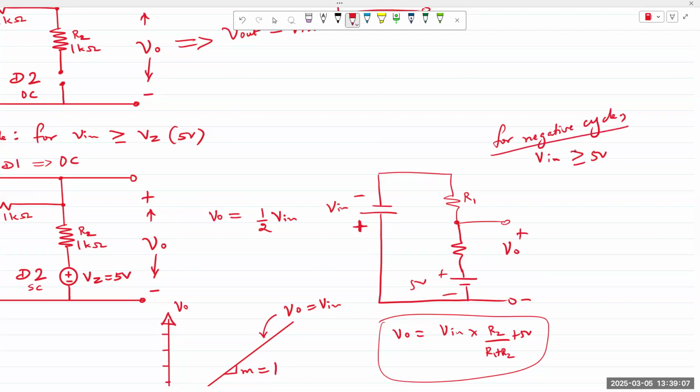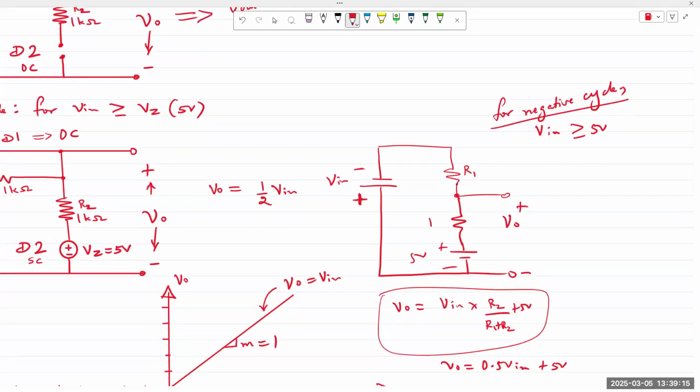Okay. Negative cycle, V in is greater than or equal to 5 volts, or in this case, reverse bias, so minus 5 volts. And if it's greater, then my circuit looks like this.